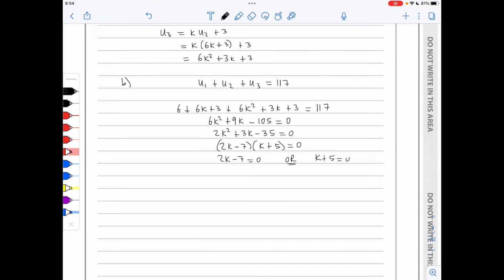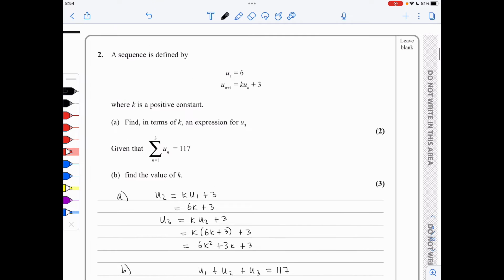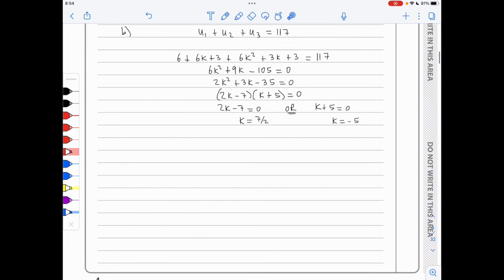So we have at the moment that k could be 7/2 or k could be -5. However, if we look at the question, we were told that k is a positive constant, so I will reject k = -5 since k is positive.